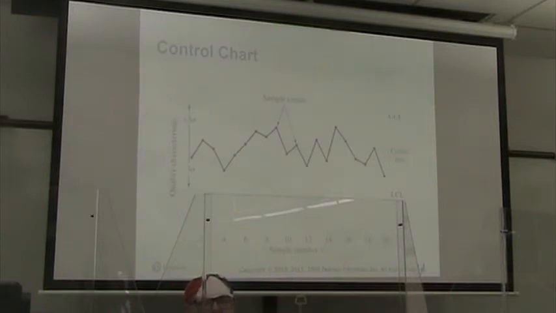Here we see a control chart. We have the center line or mean of the process, and then we have control limits that are plus and minus 3 standard deviations from our center. All right, so here we can see, as we're measuring each of these, that we are well within our control limits.